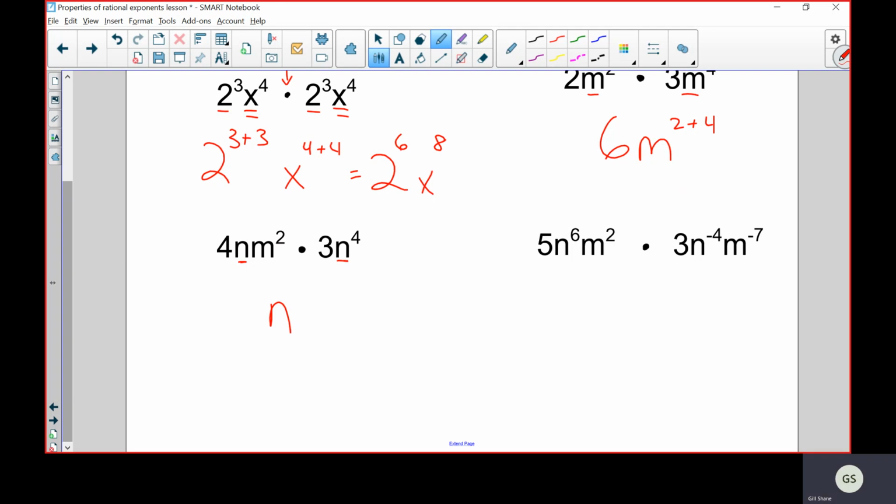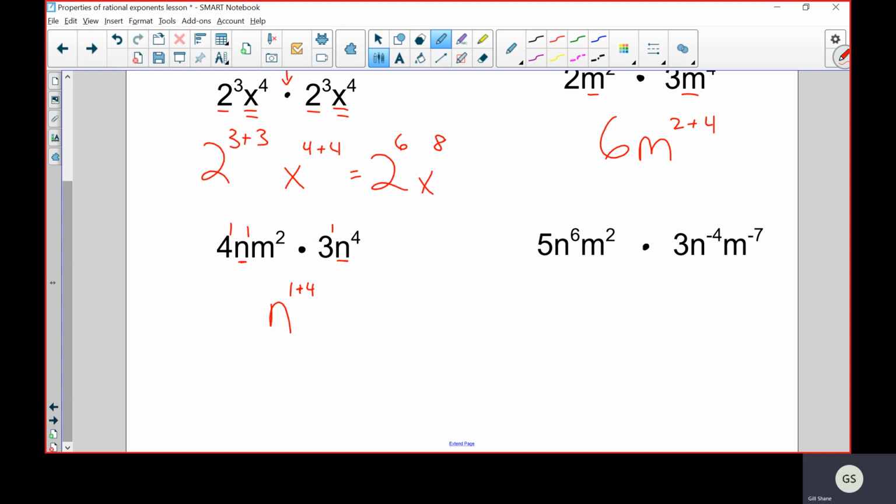Yes, that's the other thing we could have done. There's a 1 on that. There's actually a 1 on the 4 and a 1 on the 3 as well. You want to write those in. I'm not going to add them, but they're there. So N, and then 1 plus 4, because we add the exponents when we're multiplying the bases.